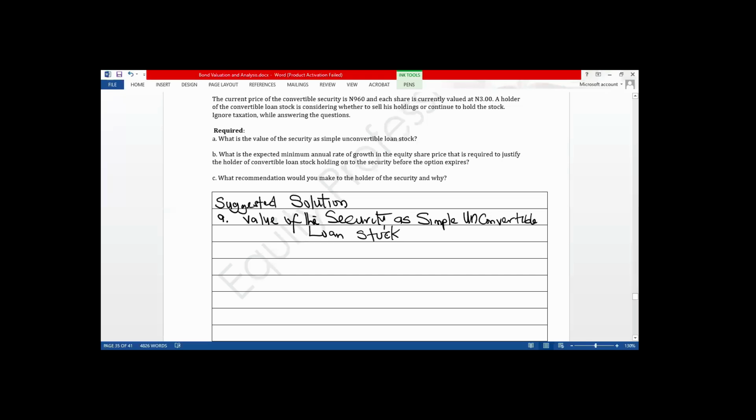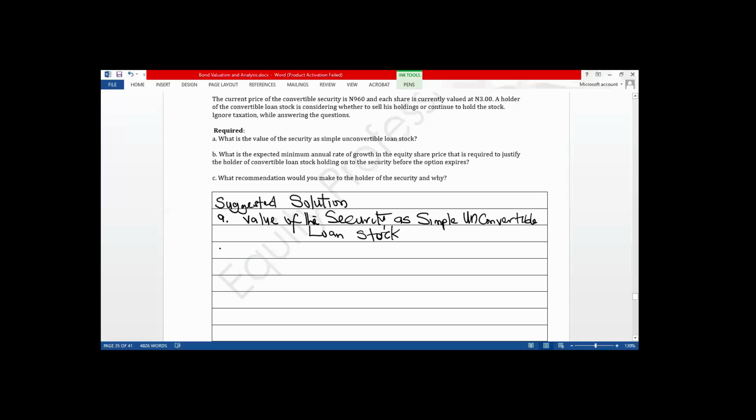In this case, you are going to determine the expected cash flows from the security.